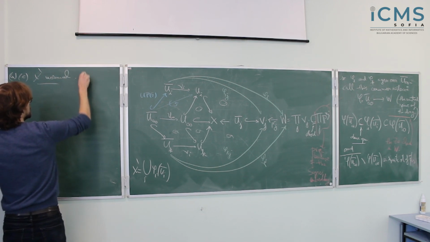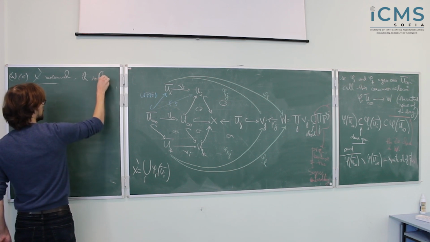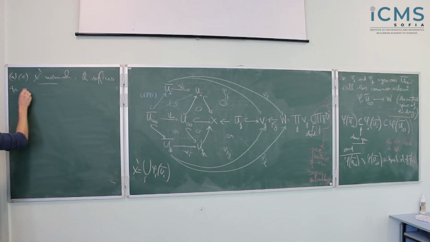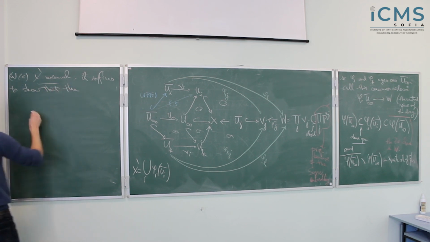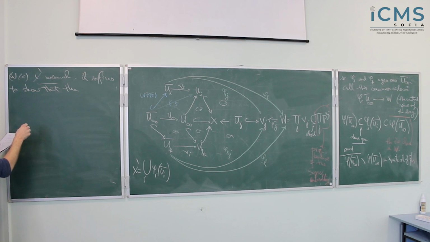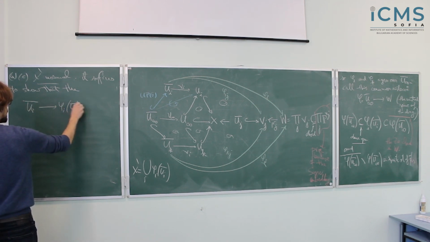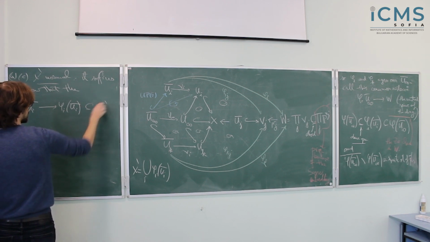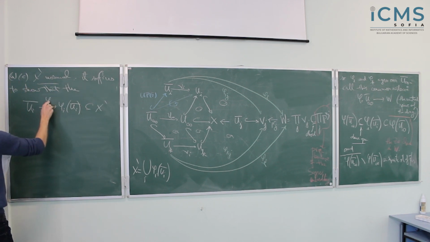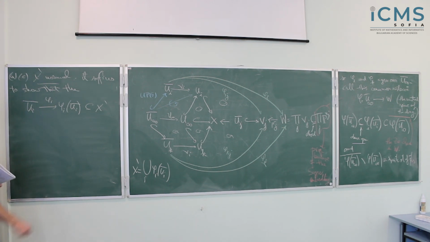For that, it suffices to show that the morphisms, let's see, u bar 2 phi I u I bar, which is included in x prime, that these morphisms, the phi tilde, are actually isomorphisms.